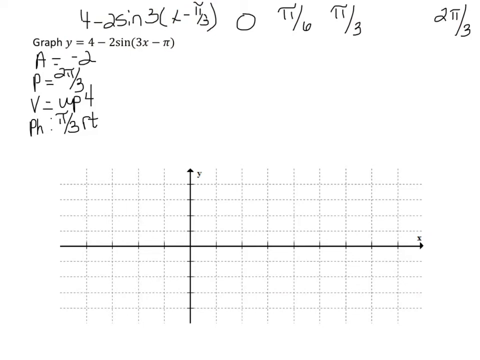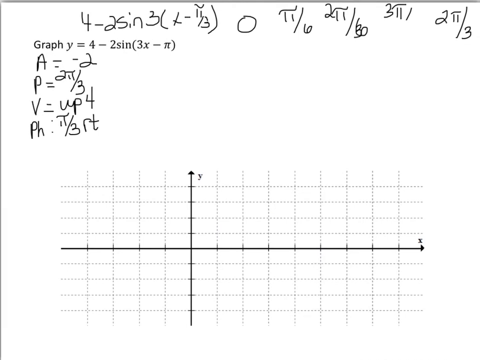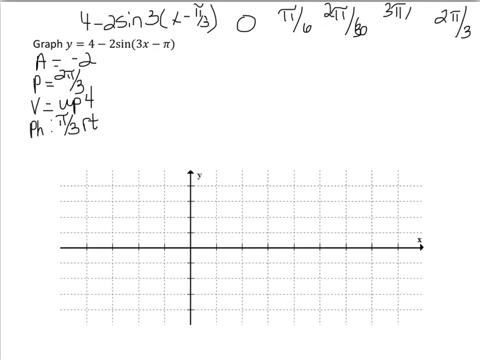So I'm going to call this 2 pi over 6, because then I've got 3 pi over 6. Sorry about that. Let's see if I can erase. And here's 4 pi over 6.